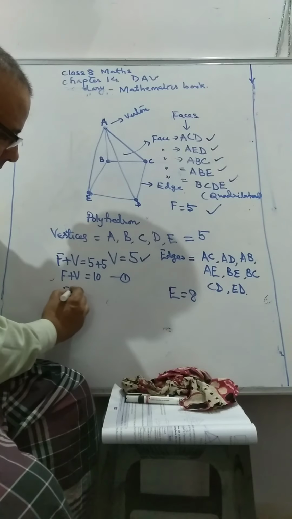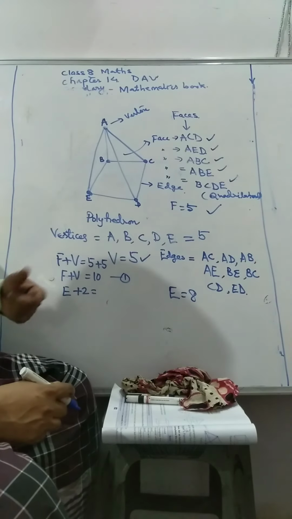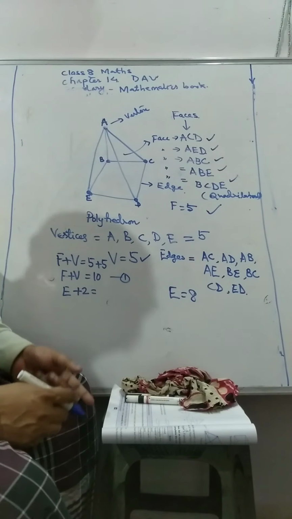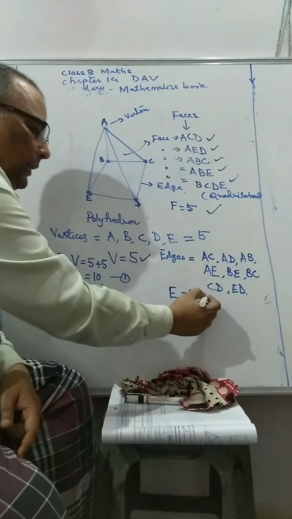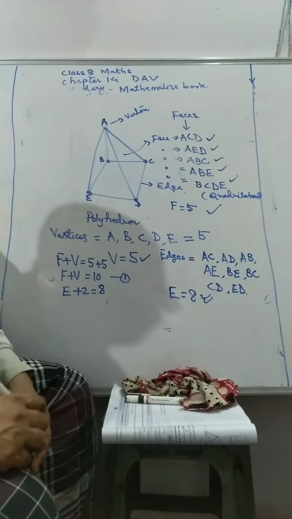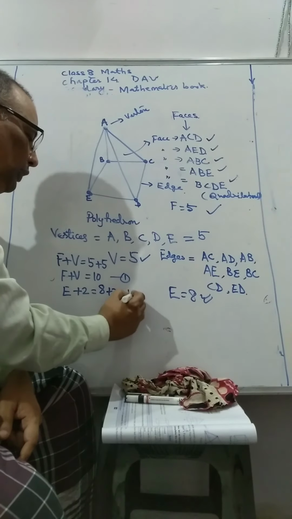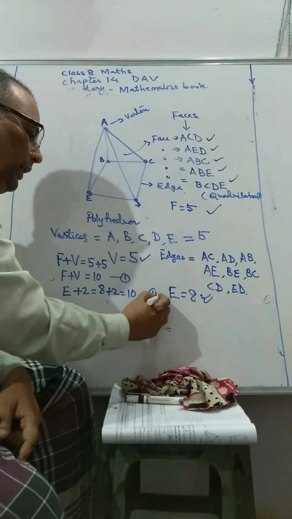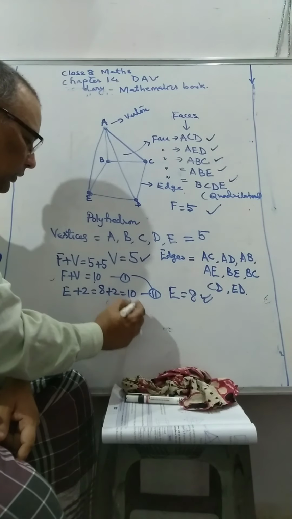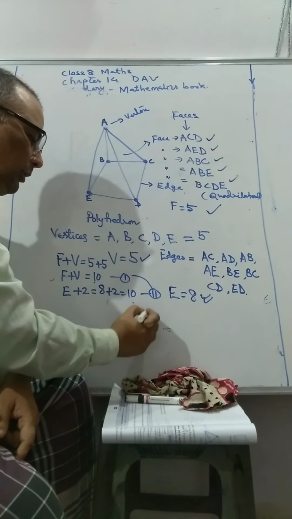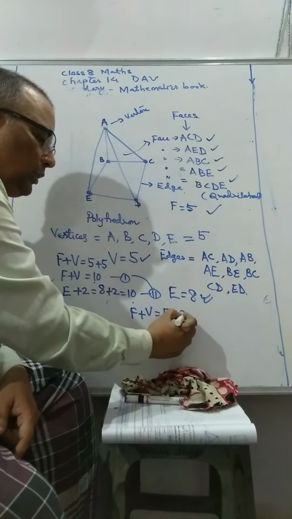And the number of edges plus 2, because Euler has given that we add 2 to the edges. Here the number of edges is 8, and 8 plus 2 is also equal to 10. So from 1 and 2, both are equal to 10. So faces plus vertices is equal to edges plus 2.